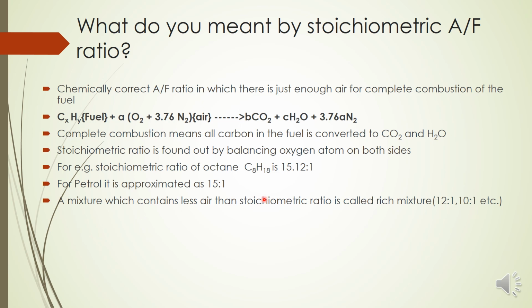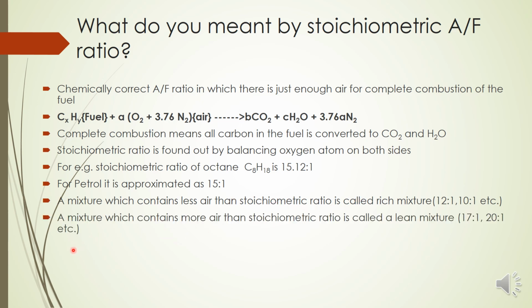Then what do you mean by lean mixture? Lean mixture is the opposite of this. If a mixture contains more air than the stoichiometric ratio, we call it a lean mixture. More air means, for petrol, for example, 17:1 or 20:1. So 17 kilograms of air, 20 kilograms of air, all that is lean mixture.